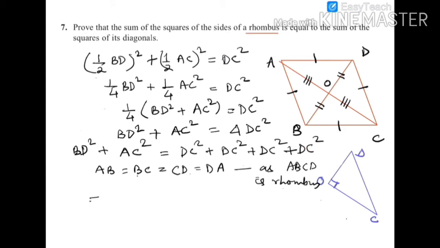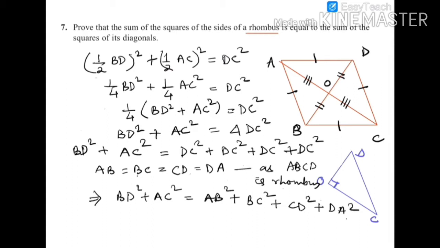So we get BD square plus AC square equal to AB square plus BC square plus CD square plus DA square. And hence we have shown that the sum of the squares of the sides of a rhombus is equal to the sum of the squares of its diagonals.